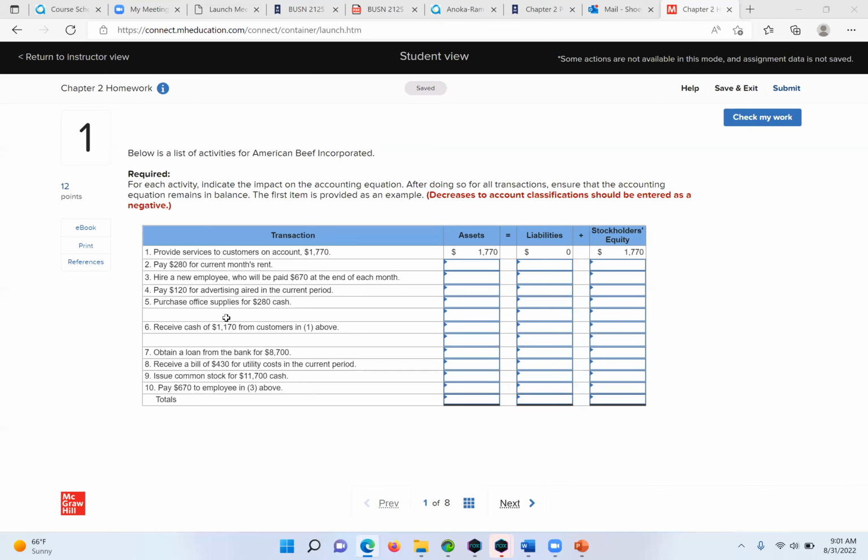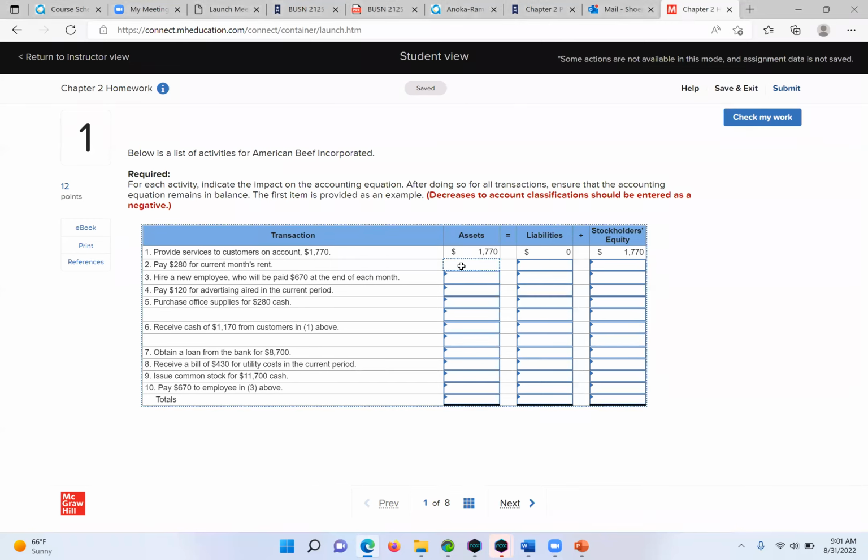An expense is a component of stockholders' equity. Because remember, stockholders' equity has a combination of common stock and retained earnings. Revenues increase retained earnings. Expenses and dividends reduce retained earnings.